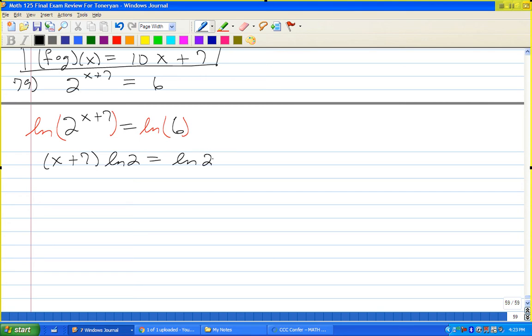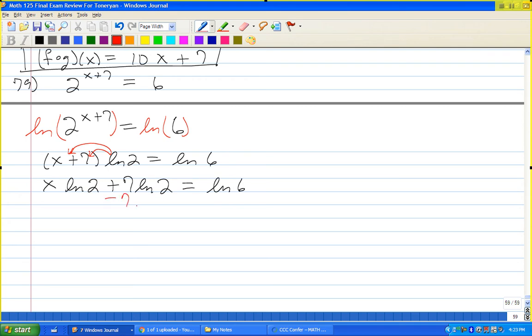Let me multiply ln 2 inside the parentheses. And so I get x ln 2 plus 7 ln 2 equals ln 6.